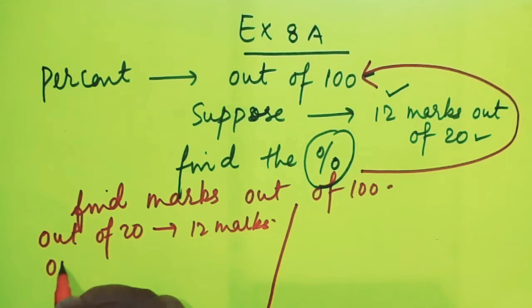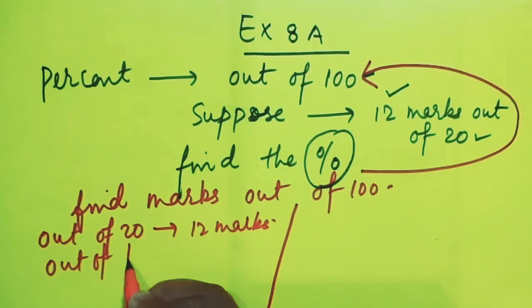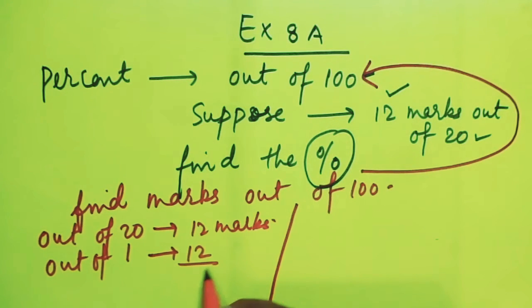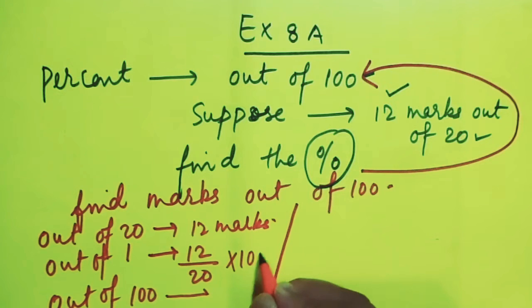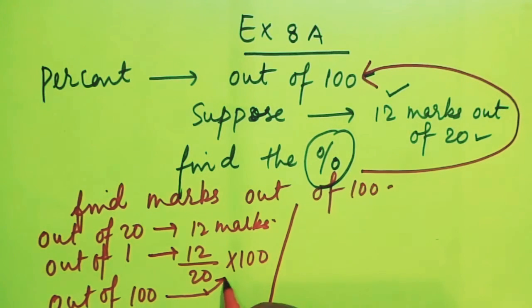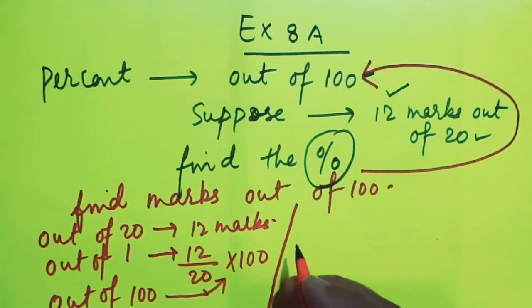So out of 1 I will be securing 12 by 20, and out of 100 I will be securing 12 by 20 multiplied by 100.